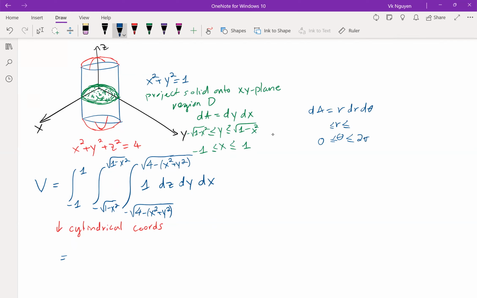Radius, well, the circle only has a radius of 1, so it's going to go from 0 to 1. Look at this: 0 to 2 pi, 0 to 1, and then we know x squared plus y squared is r squared, right? So z goes from minus root of 4 minus r squared to root of 4 minus r squared, and then it's going to be r dz dr d theta.